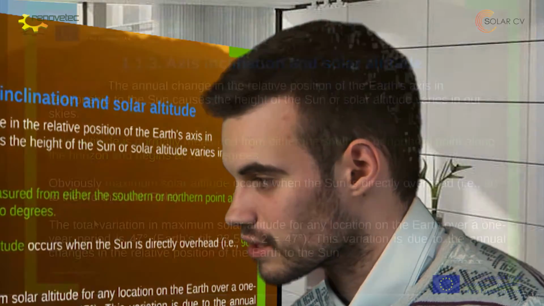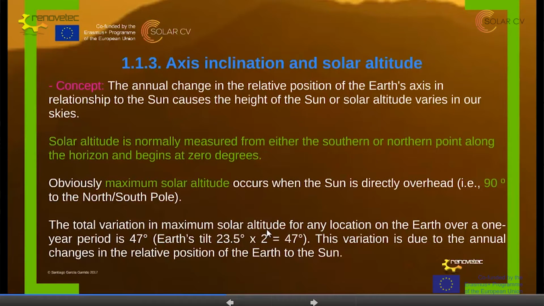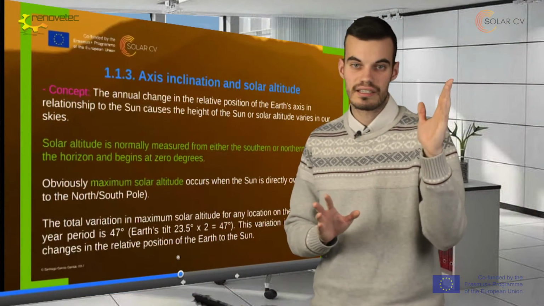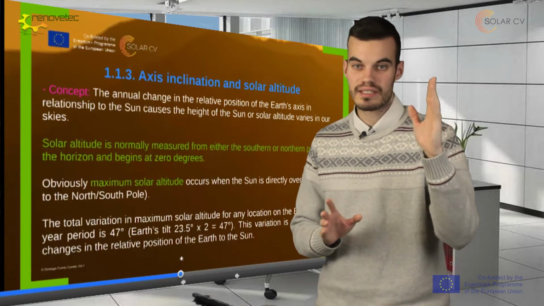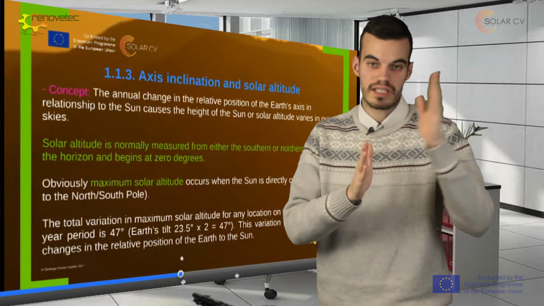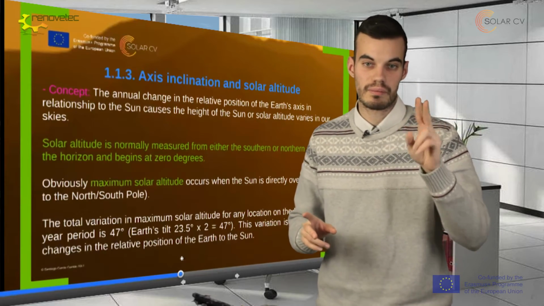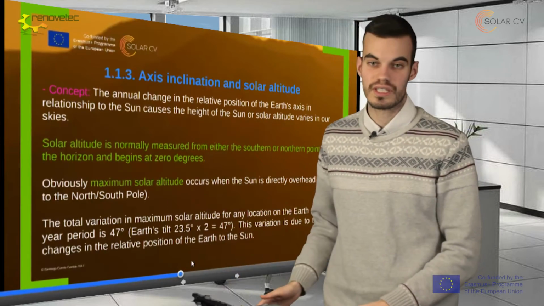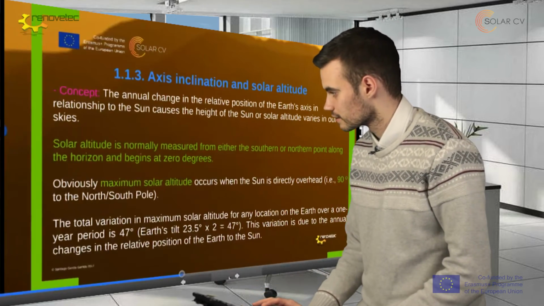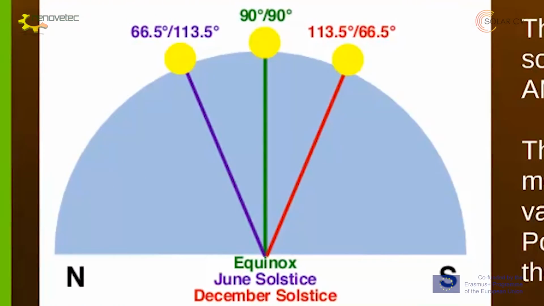The total variation in maximum solar altitude for any location on the Earth over 1 year is 47 degrees, because the Earth tilts 23.5 degrees, and because we have one semester and another semester, we have 23.5 multiplied by 2, so 47 degrees. We can see this concept here.